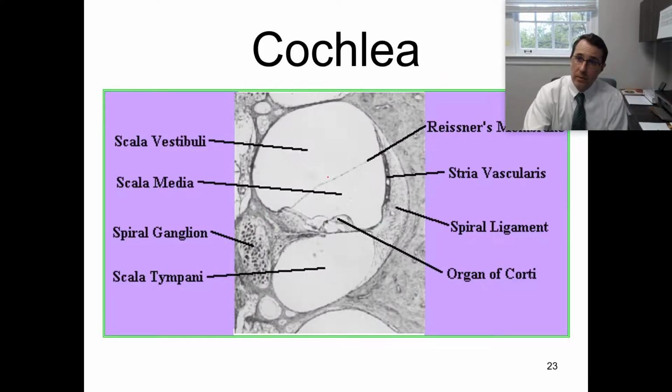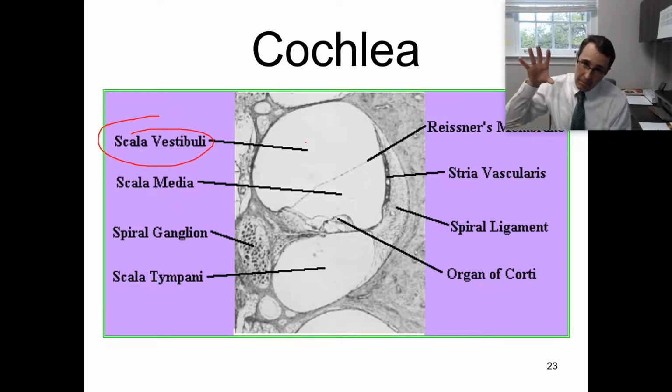So here's a coronal slice of the cochlea. Here's the scala vestibuli. This is the chamber that the stapes pushes in on to send a vibration running up the length of the cochlea.